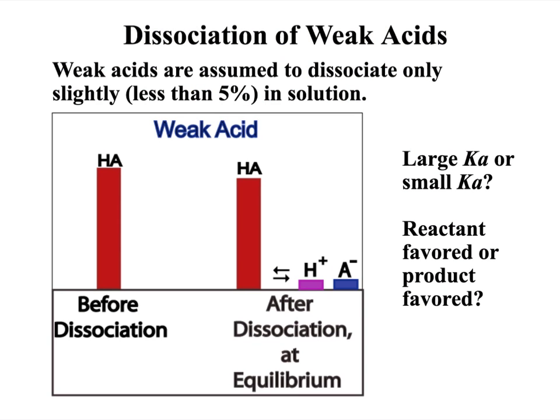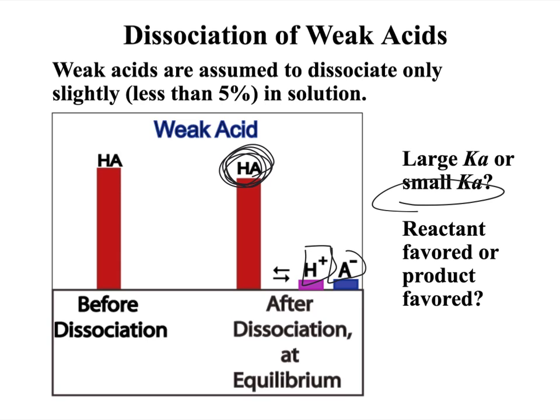Now what if we do not, what I refer to as, dissociate completely? If I don't dissociate, then I call it a weak acid, and your Ka is going to be small. The reason is that you're going to have mostly the acid that we started off with, and very few H pluses and very few A minuses.